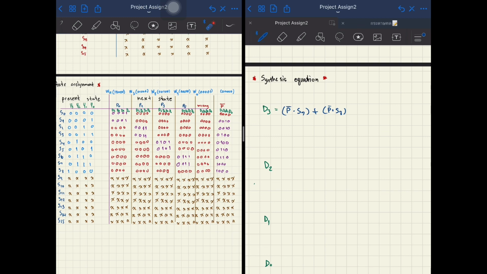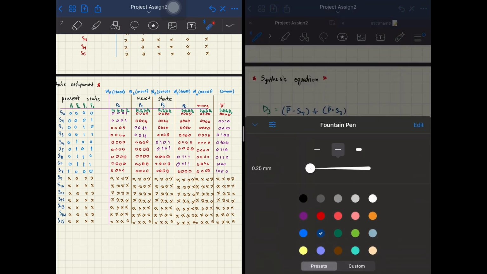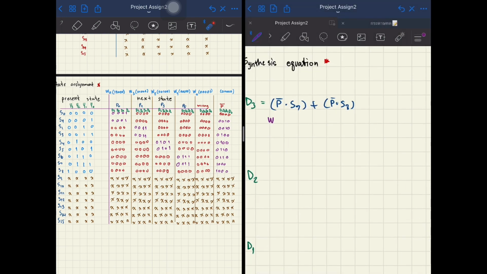So P bar here, right? P bar is not of input. So we must look at the 1, right? But this is 0 0 0 0. So how are we going to convert? It means that I must write W4, W3, W2, W1, W0 and complement all, right?